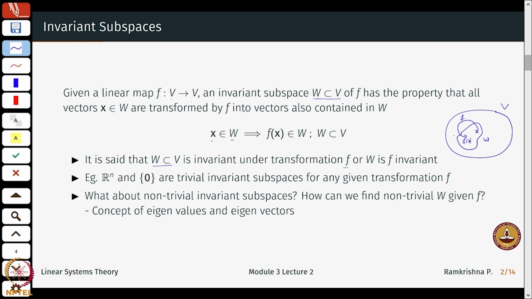There could be vectors which start from here and jump here and vice versa, but this specific class is called that W is F invariant.